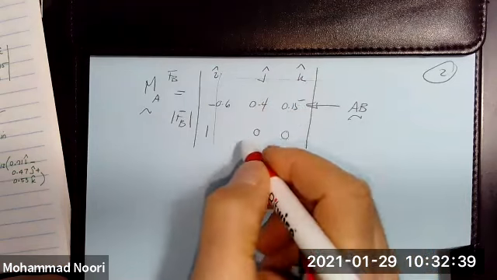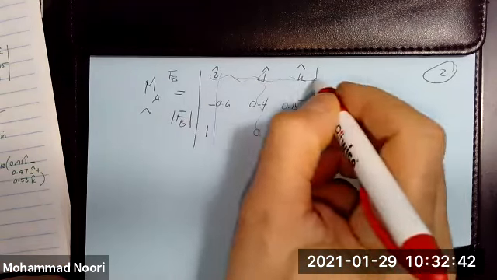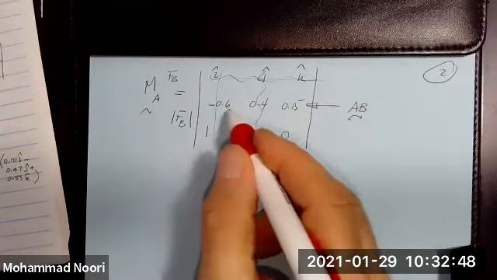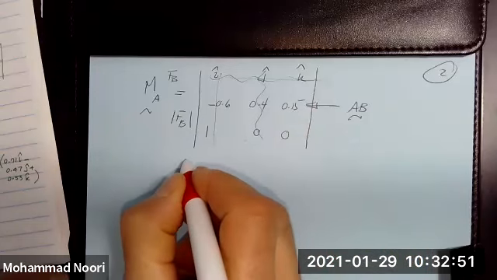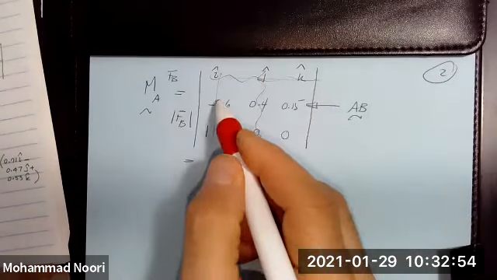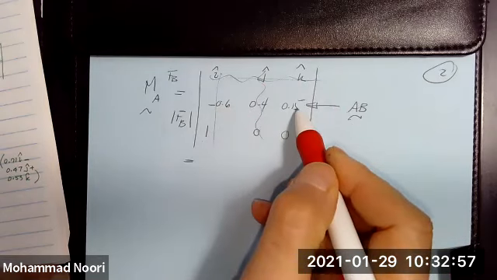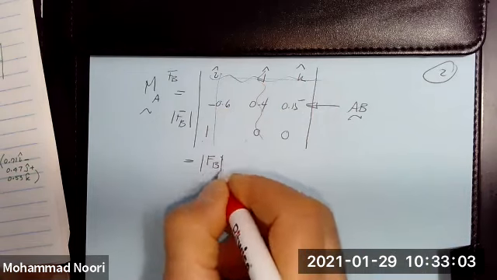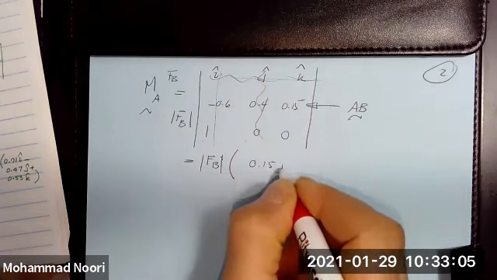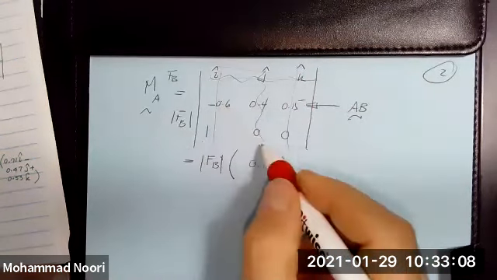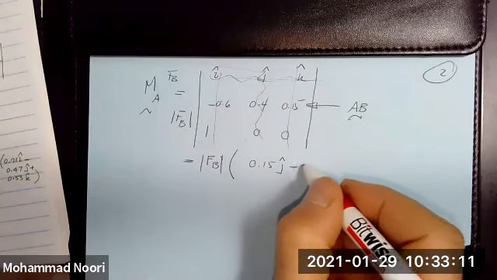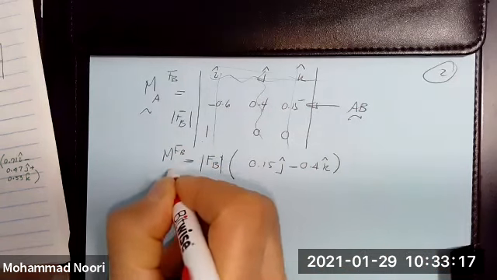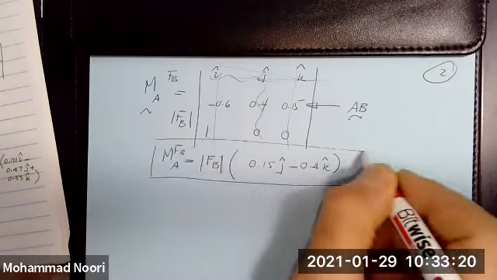For I it would be 0. For J, I had worked that out here already, so I'm not going to redo that. It comes out to be negative 0.15, and this is negative, so it becomes 0.15 F_B J. For K, which is 0 minus 0.4, so negative 0.4 F_B K. So this is the moment of F_B about A. So this is one of them.